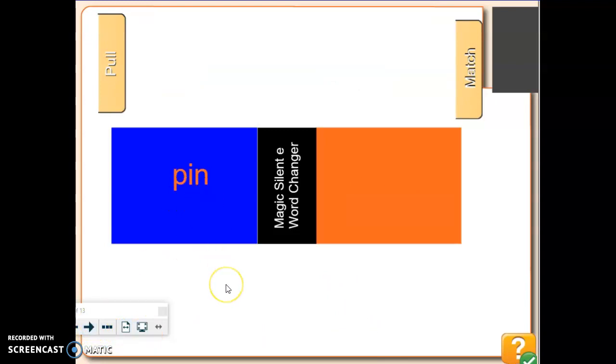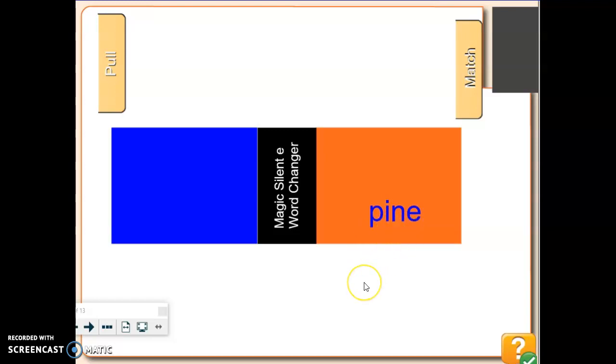P, in. What's the word? Pin. Okay, now what happens if I put an E at the end? Our magic silent E is at the end of this word, so we don't make an E sound, and I doesn't say ih anymore. Now it says I. Listen.